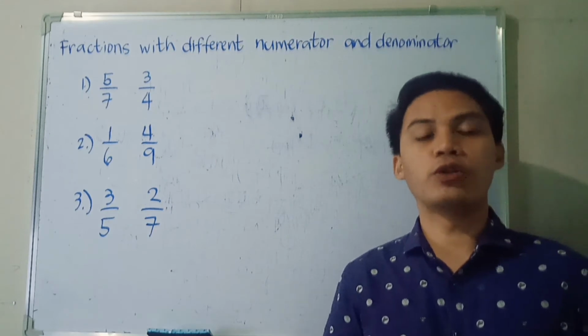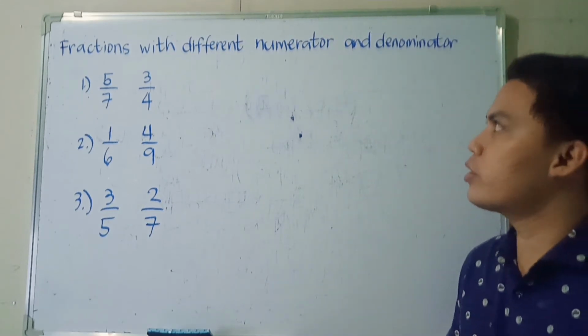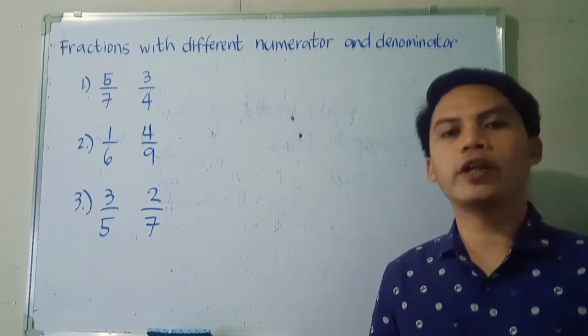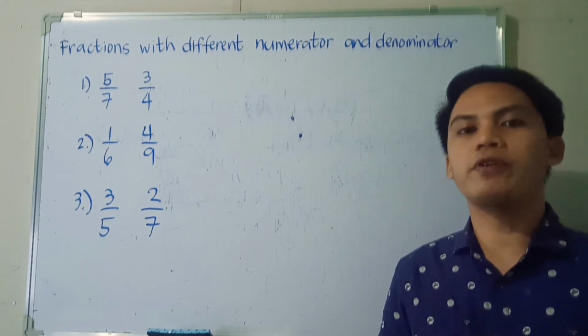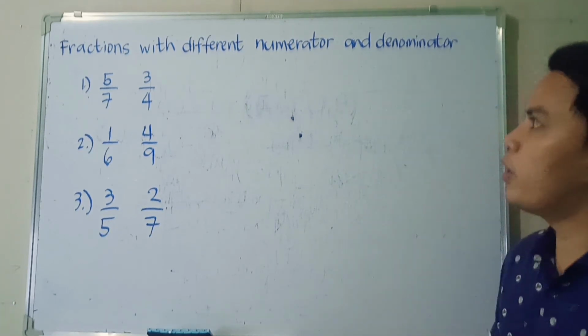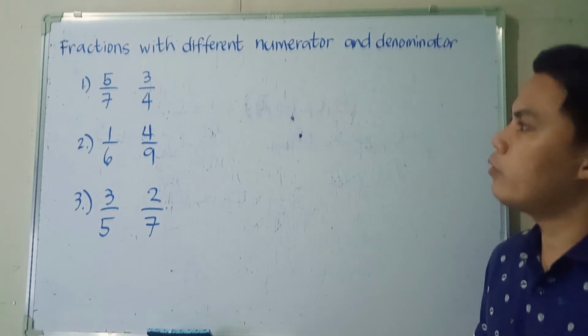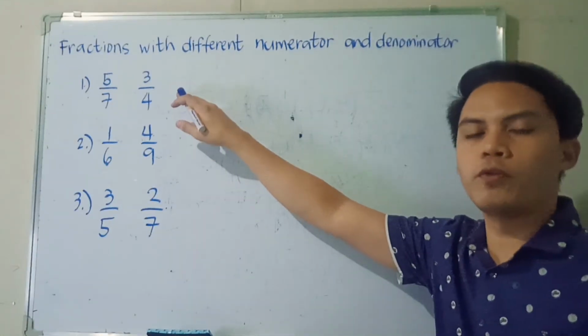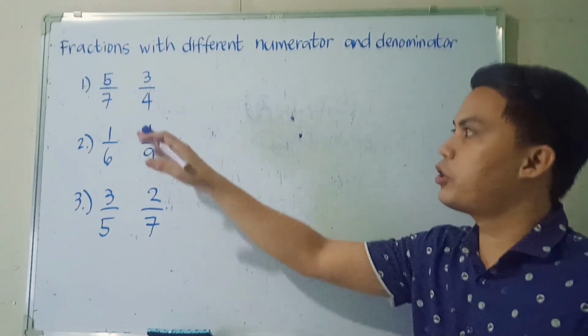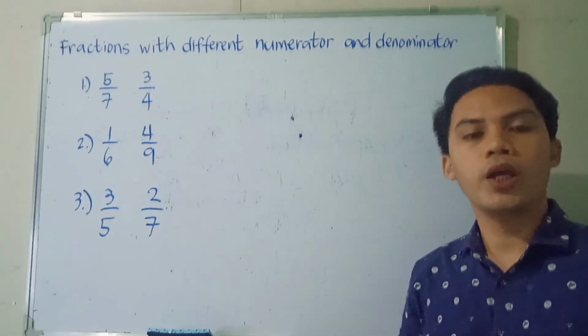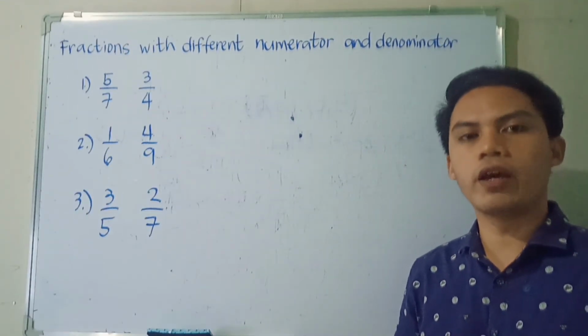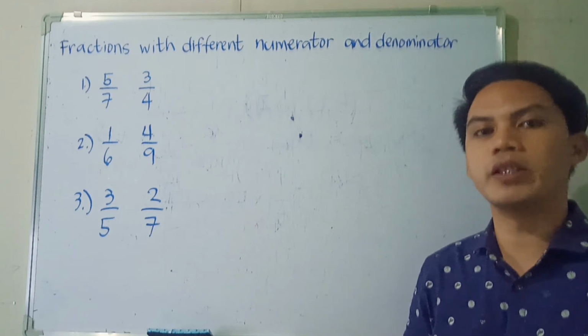Now with the last condition, what if yung fractions have different numerator and at the same time they also have different denominator? Let us say we have 5 over 7 and 3 over 4. So we can change these two fractions into similar fractions. Then after that one, we can compare them easily.